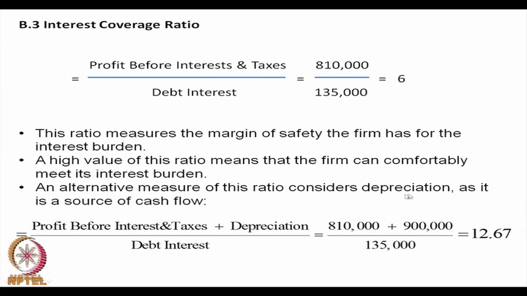We will discuss depreciation about 2-3 lectures later, and we shall show that depreciation actually reduces the tax, and therefore, it is an indirect source of cash flow, and therefore, depreciation is sometimes added to PBIT in its numerator. If it is considered, then the value is even higher, which is 12.67. So, in any case this company is doing pretty well as far as meeting its interest burden is concerned.